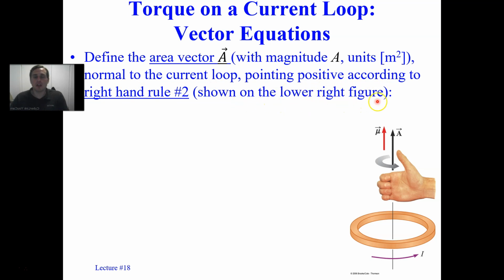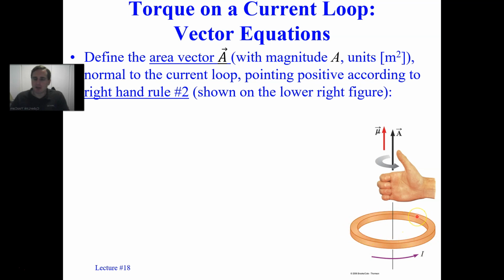That is shown in the lower right figure. So notice this area vector for this particular loop is pointing upward in this diagram. And why is that? Well, as viewed from above, the electric current is running in a counterclockwise direction.